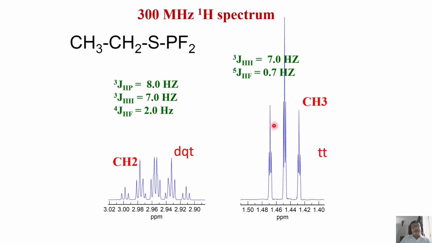Only the four bond coupling we didn't see here. That's all. Three bond coupling is there. In addition to that, these CH2 protons can also experience coupling with two equivalent fluorines. So it experiences coupling with protons, phosphorus, and fluorine, all three. It's a very interesting example. That's why I wanted to show you a proton simultaneously experiencing coupling with three different heteronuclear spins.